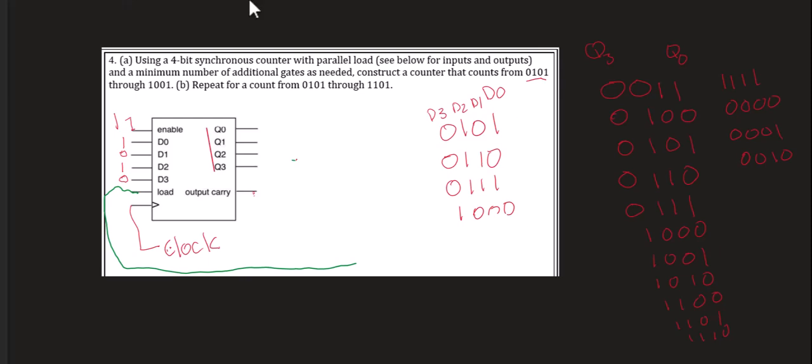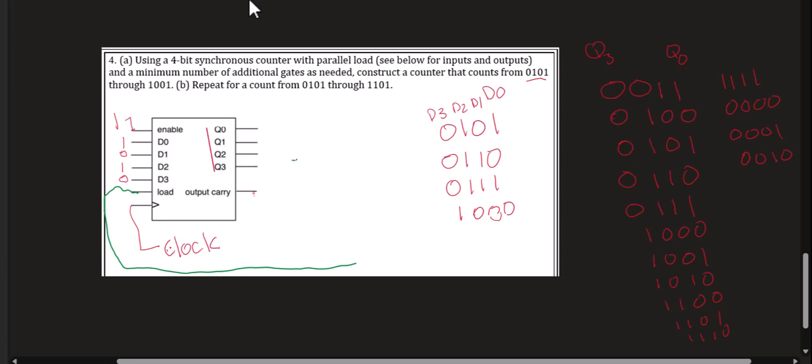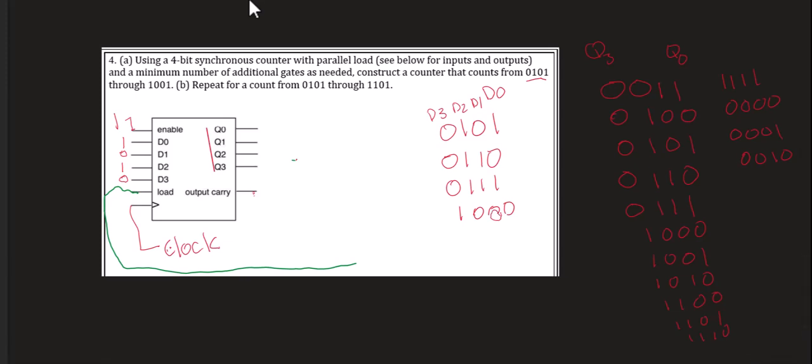And y'all go ahead and write down, count up from 0101 to 1101. Just practice your binary numbers, make sure you can do that. So we're counting up to this number.